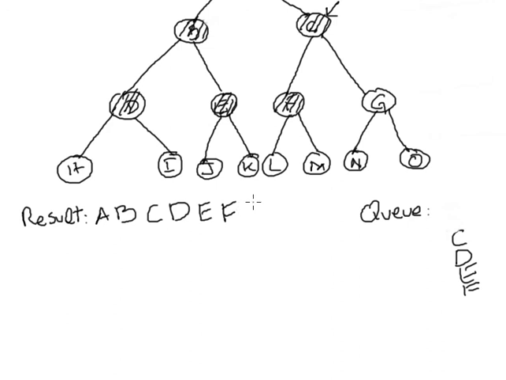In this case, it's G. So we'll put it on our output path, make it visited, and put that in our queue. And we'll do the same process for the next level.